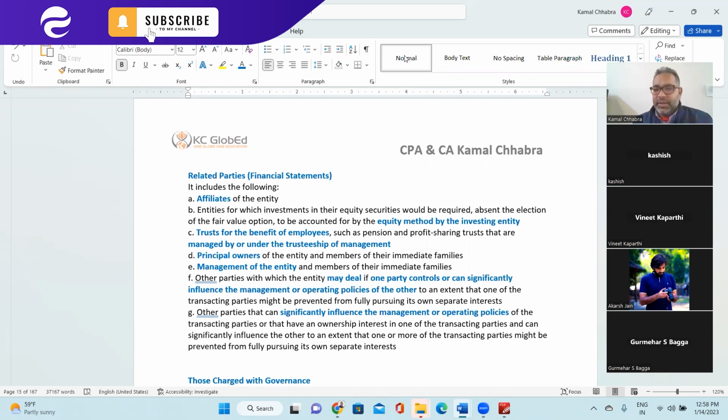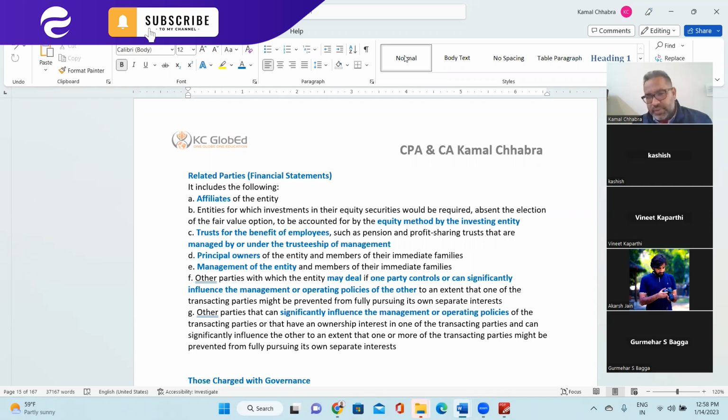Next thing is related party. So related party includes affiliates of the entity, for which investment in their equity securities would be required, absent the election of the fair value option, to be accounted for by the equity method by the investing entity.